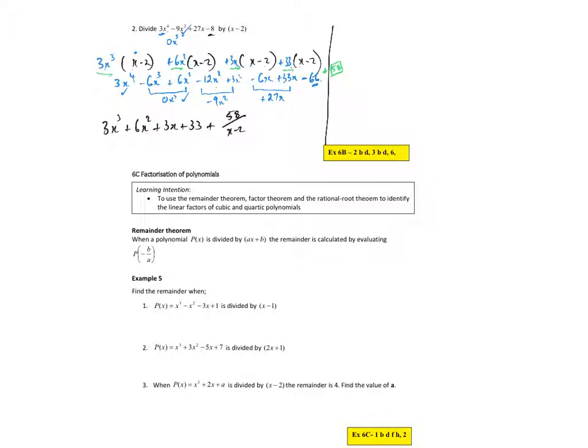All right, so that's our repeated factor method. That's the one that works most easily if I have a 2x plus 1 or a 3x minus 1 or something like that to divide by.